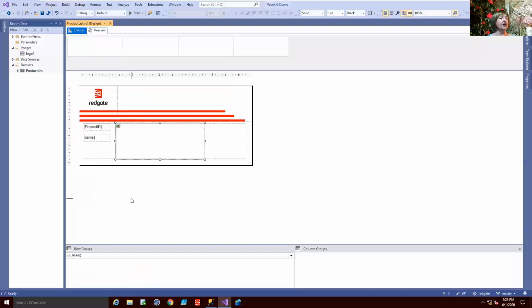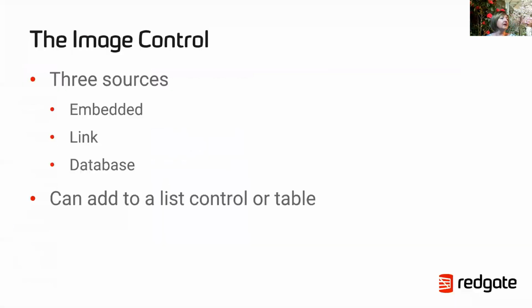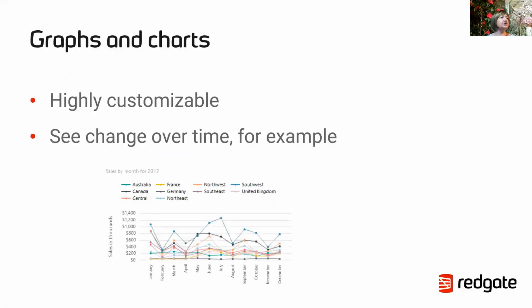Well, I'm going to jump back over to the slides and talk about charts and graphs. Now, this is probably what you were thinking of when I first mentioned what we were going to be talking about. These are your typical things to show data, like change over time. The good thing about these is that they are highly customizable.